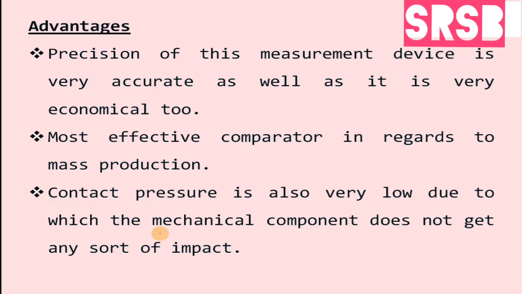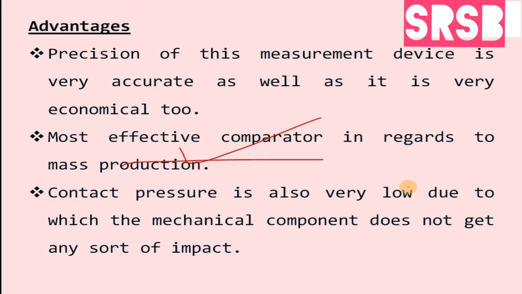Compared to other comparators like the electrical comparator, this is very economical. The next one is that it is the most effective comparator, suitable for mass production. When you have to check the same type of component in very large numbers, you should prefer the dial indicator.